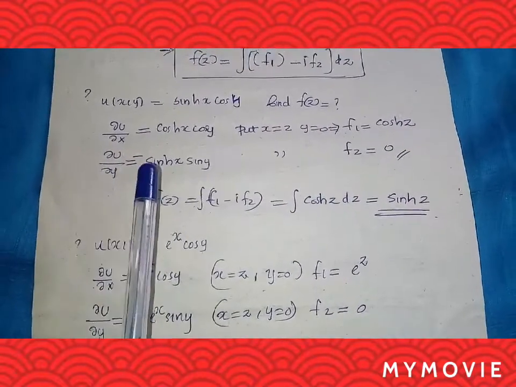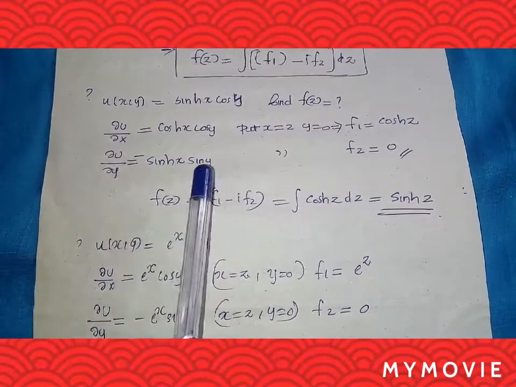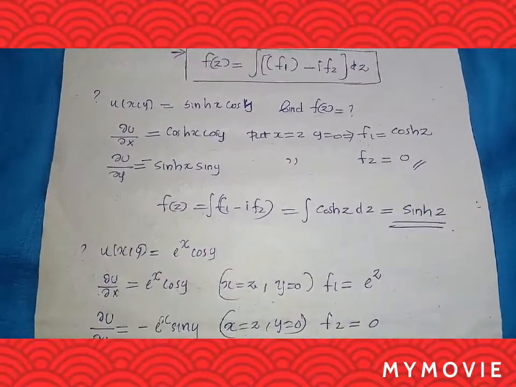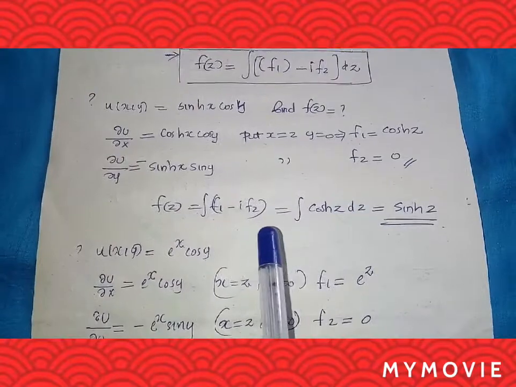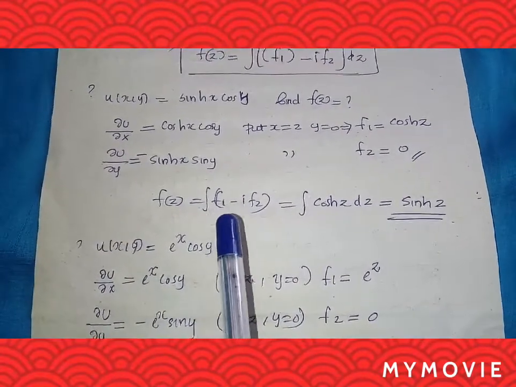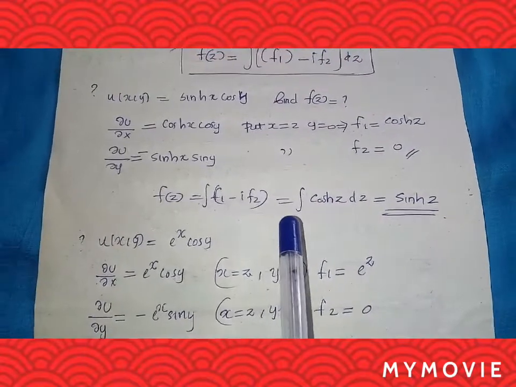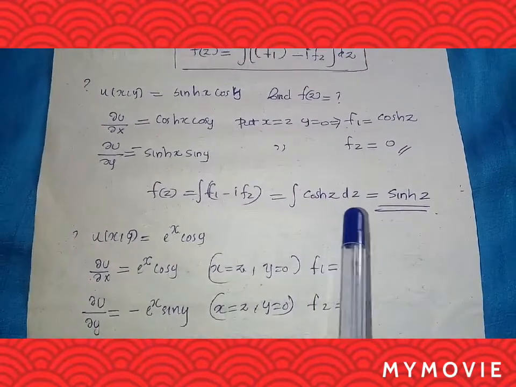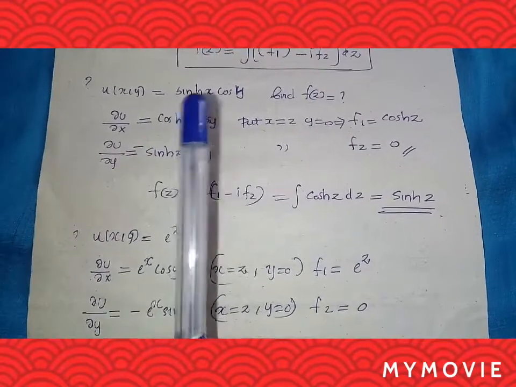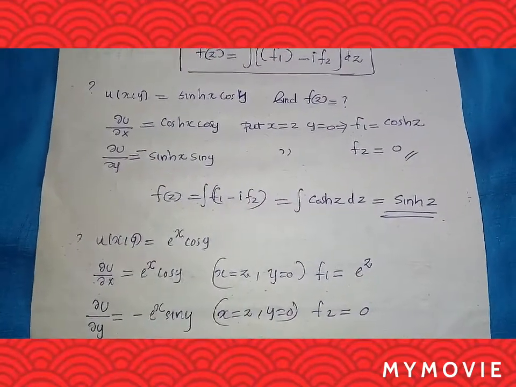Dou u by dou y is equal to minus sin hx sin y. Put x equal to z and y equal to 0. We get f2 equal to 0. And we know the analytic function equation, that is integral of f1 minus i f2. From that, integral of cos hz dz is equal to sin hz. That is the analytic function corresponding to this real function.